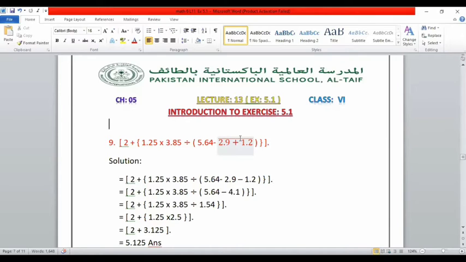Similarly, we introduced in lecture number 10 the types of bracket: small bracket, curly bracket, and square bracket, and first one, that is the bar or vinculum.